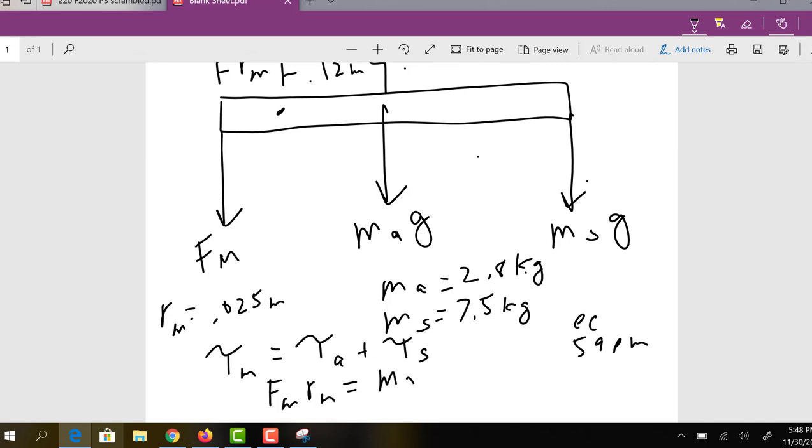So the force is the weight of the arm, not just the mass of the arm, and then this distance is, I believe, 0.12 meters, plus the mass of the shot put times g. That's the weight of the shot put. And then the distance to where that's acting, the perpendicular distance, is 0.3 meters. The only thing that you don't know in this problem is what you're looking for, the force from the muscle.